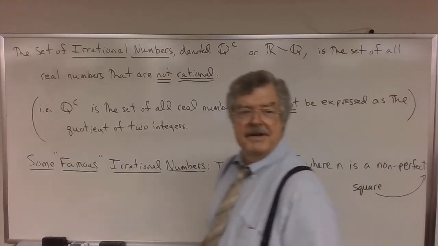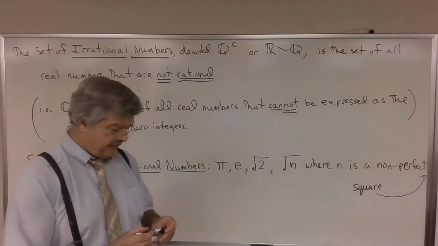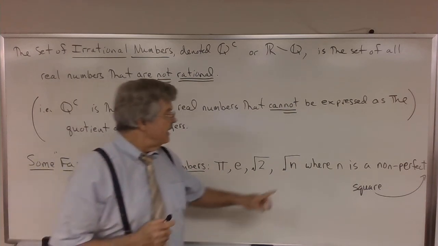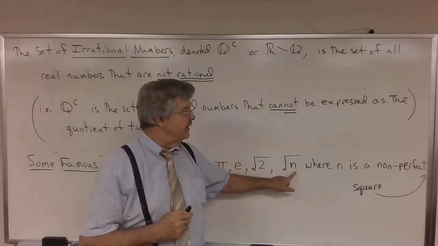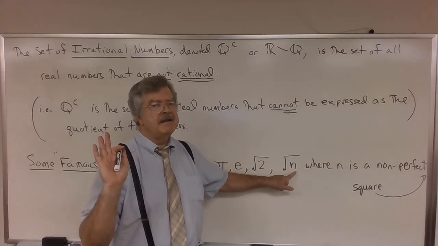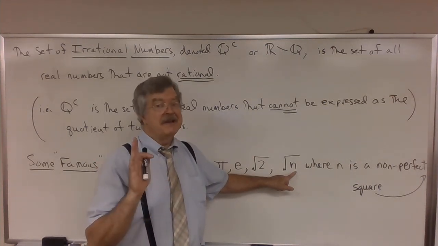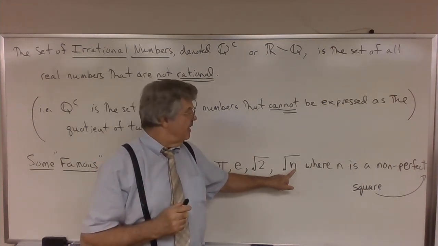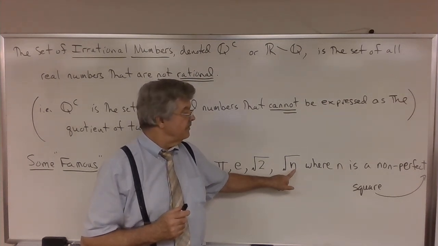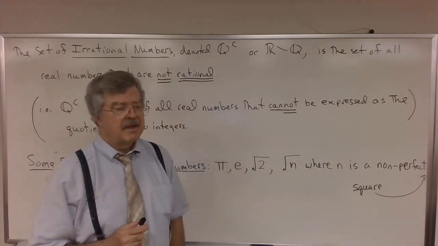Let's see, will that fit in? Yeah, I guess it does. So, where n is an integer that is a non-perfect square, the square root of any n is a natural number. The square root of any natural number that is not a perfect square is irrational.